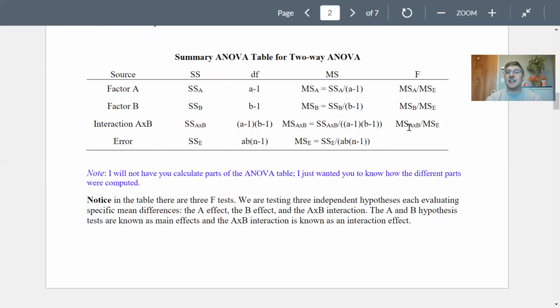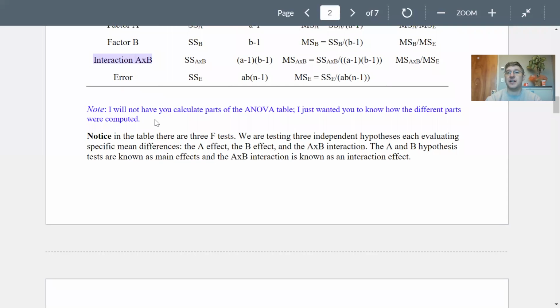There's an F-test for the main effect for our first factor. There is a significance test, or an F-test, for our second factor, and an F-test for our interaction effect too. So we have 3 separate hypothesis tests in the two-way ANOVA.